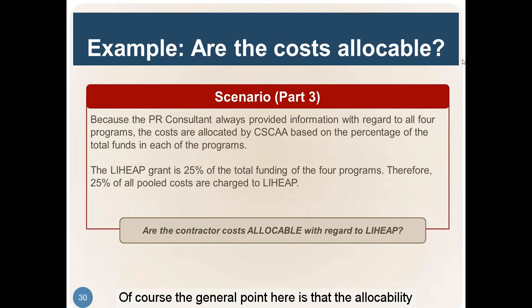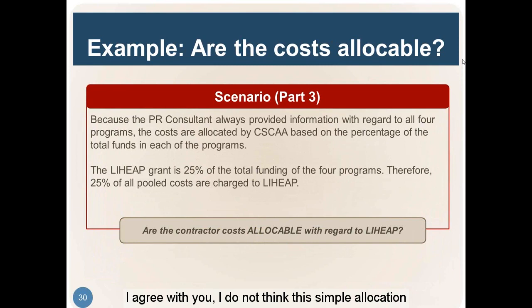And of course, the general point here is that the allocability depends a lot on a valid method for distributing those costs. And as we said 2 or 3 slides in this presentation, the method has to result in an equitable distribution of costs. And the equitability is in relation of the cost to the benefit that each of the 4 programs receives.